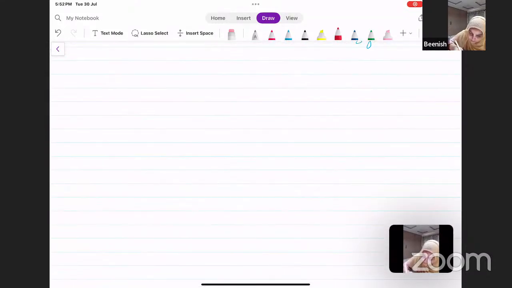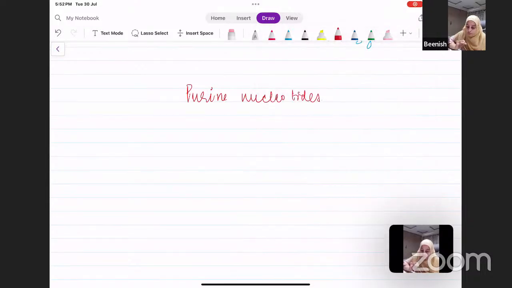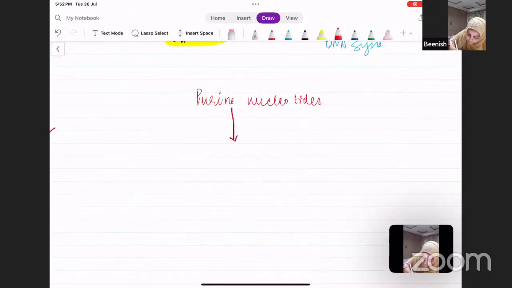So you have purine nucleotides. Since they are nucleotides, they have the purine nitrogenous base. They also have the pentose sugar. They also have the phosphate. Now what happens?